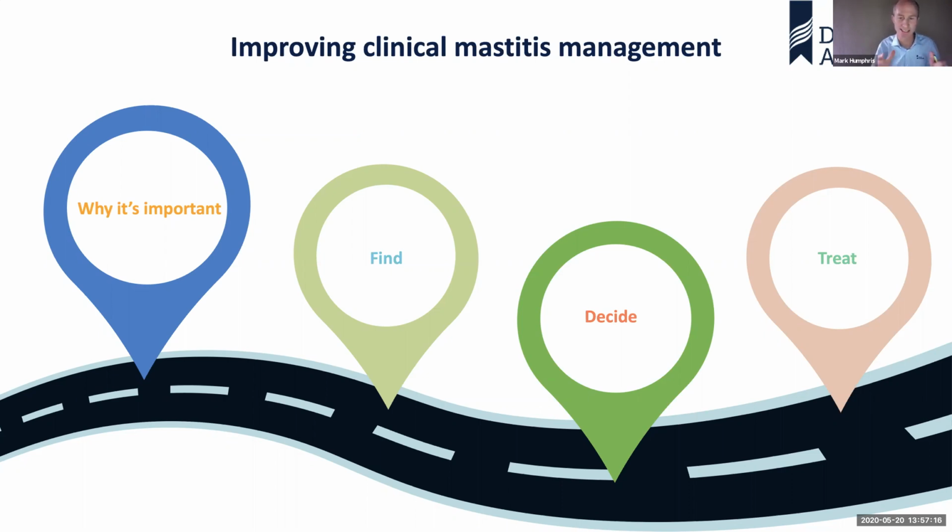We know this is a key area in terms of the way in which antibiotics are used on farms and the risks they pose. Some key elements of finding, deciding and treating, and I hope that's been very helpful, or just a very good refresher as to support really improved decision making.